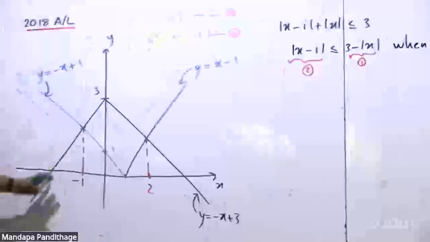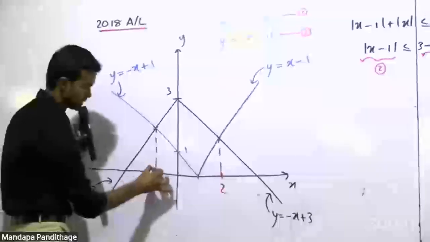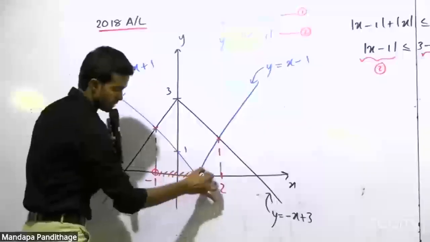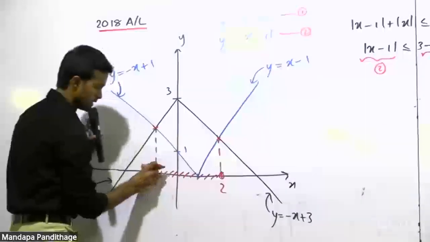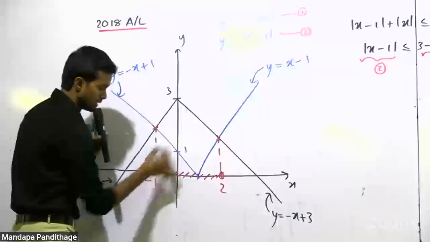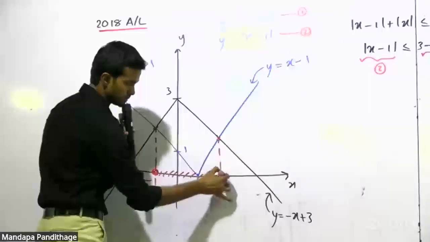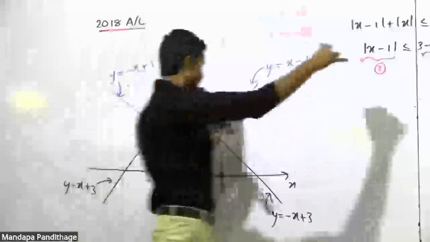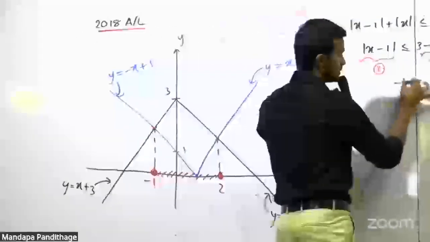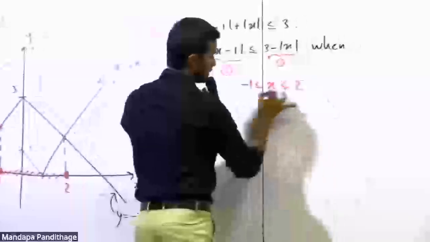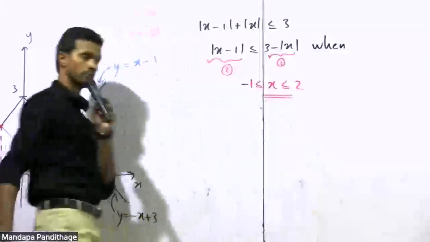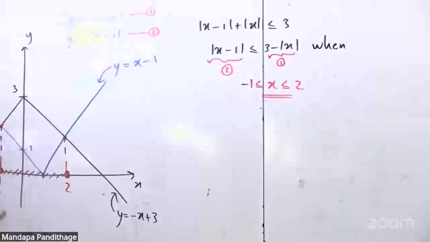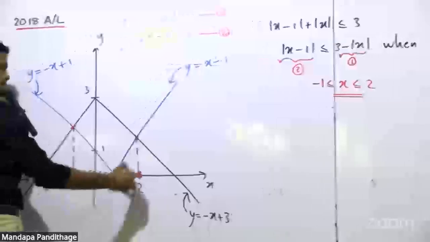You need to find where the black colored one is greater. The black colored one is greater in this region, and these two points have been included. Greater or equal. And then you can write when x is greater or equal to minus 1, less or equal to 2. So we can write this in this way.